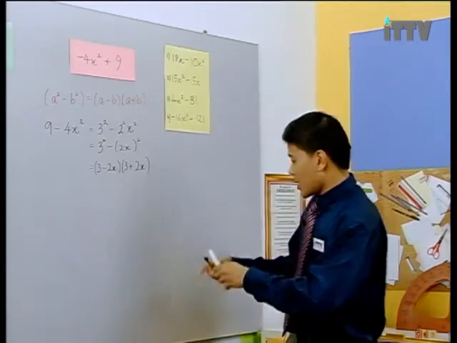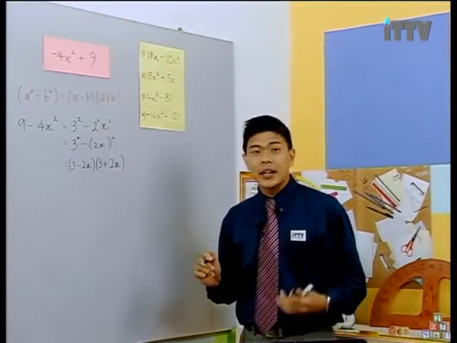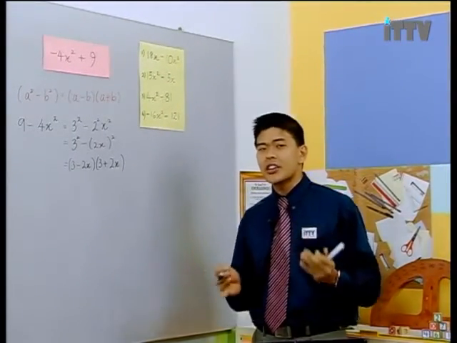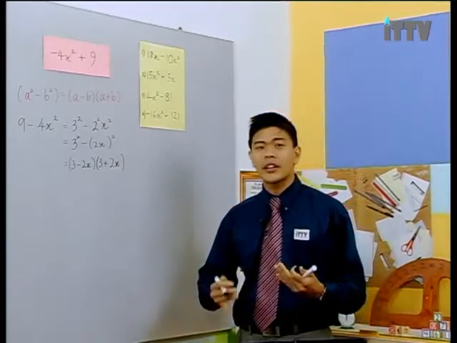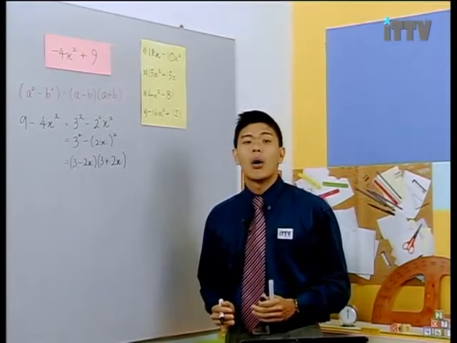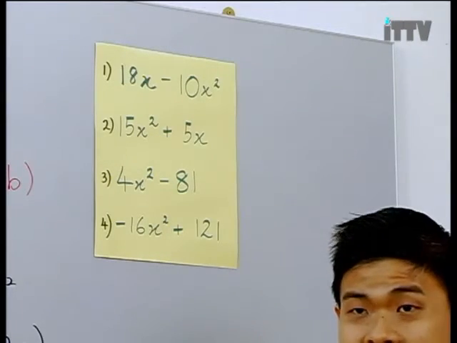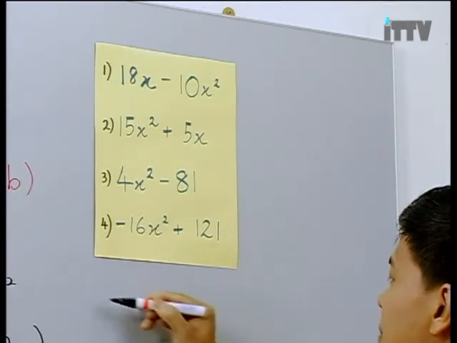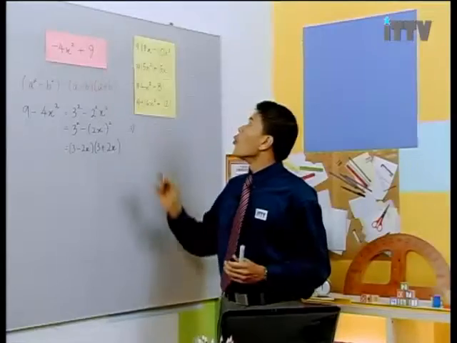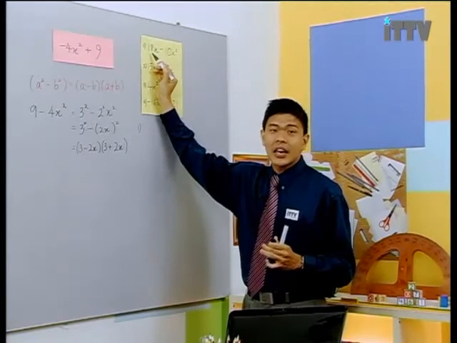Now for number 1, factorize 18x minus 10x squared. Is it in category 1, category 2, or category 3? This actually is in category 1. Minus 10x squared plus 18x. Remember, there are 3 steps for this. First of all, what is the highest common factor, or the HCF?